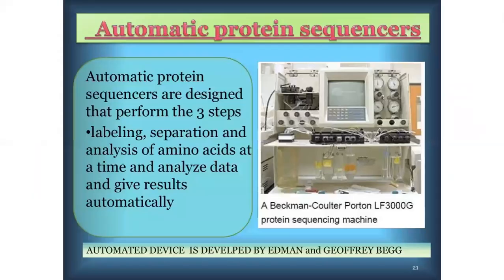And I said nowadays we have automated protein sequencers. Most of the automated protein sequencers which we have today help us read through the protein sequences within matters of time.